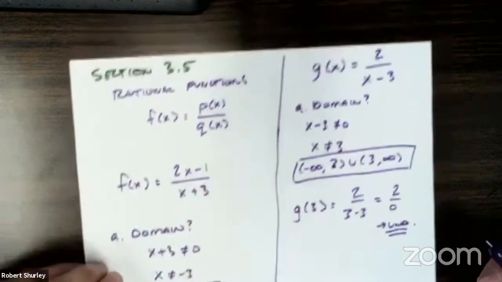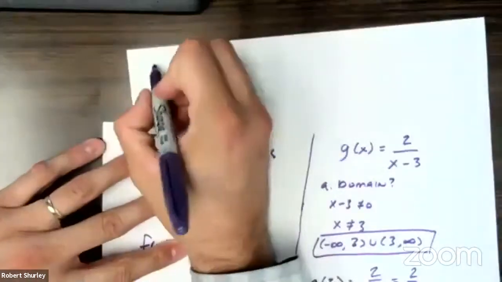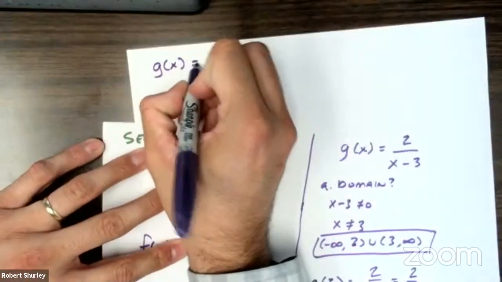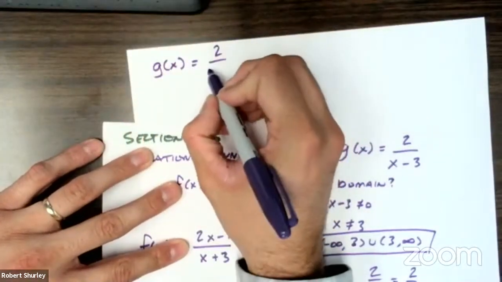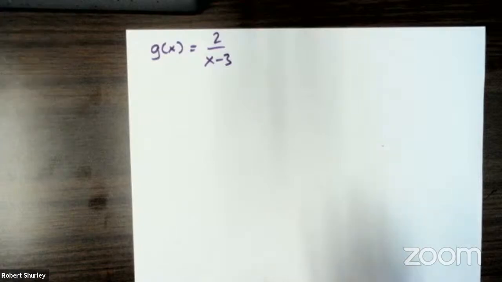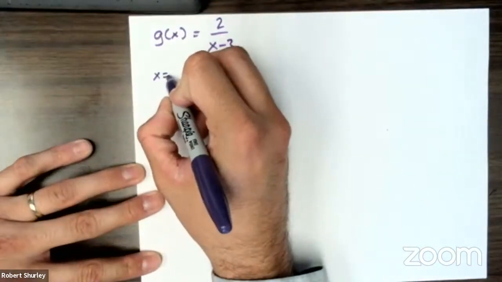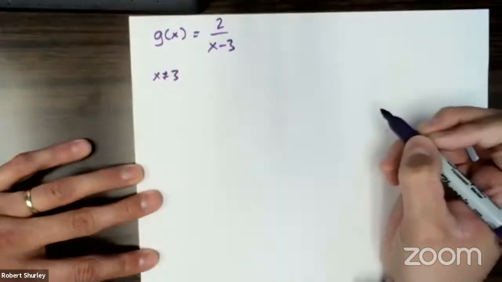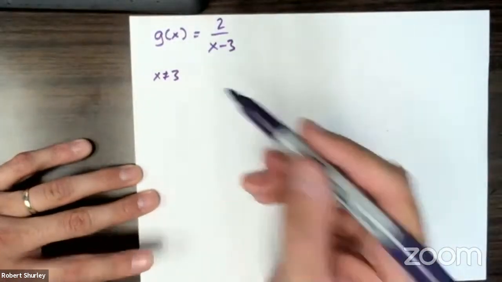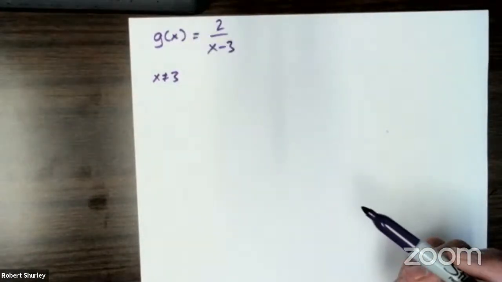Okay, so I'm going to rewrite this. Hold on just a second. We've got g of x here is our function, 2 over x minus 3. And we know that the only restriction, these are called restrictions on the domain, right? The only restriction we have here is that x cannot be 3. But we're curious, what is happening at 3? We know we can't plug it in, gives us back undefined.